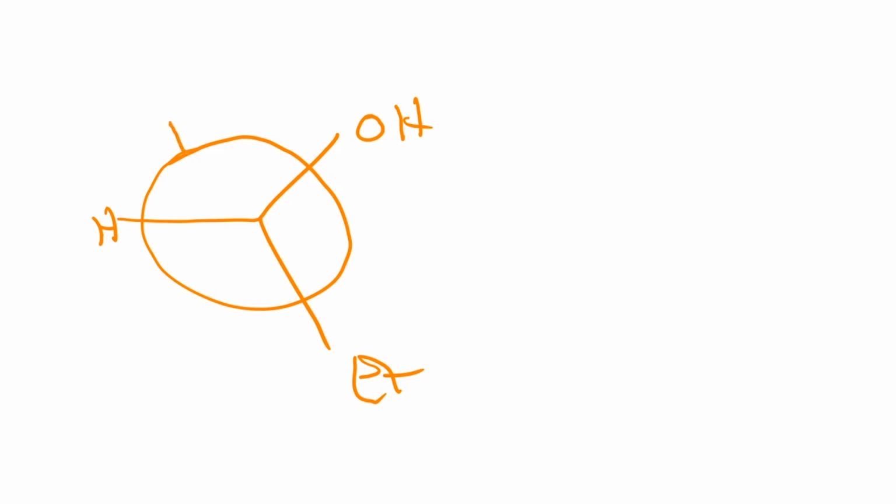So you have OH, Et, and H. Okay. And the three substituents in the back remain the same. So you have methyl and hydrogen. The way we would redraw this is that we would keep the phenyl ring in the back.